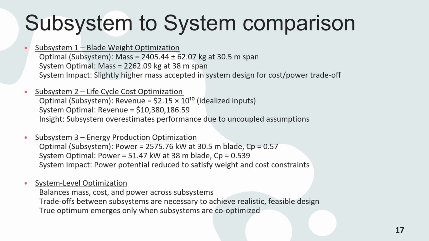However, at system level, the power output dropped drastically to about 51 kilowatt. This is due to trade-offs made between weight and cost constraints, again highlighting the importance of integrated optimization. So the overall system optimization balances all objectives and demonstrates the true optimum only emerges when all subsystems are considered together.